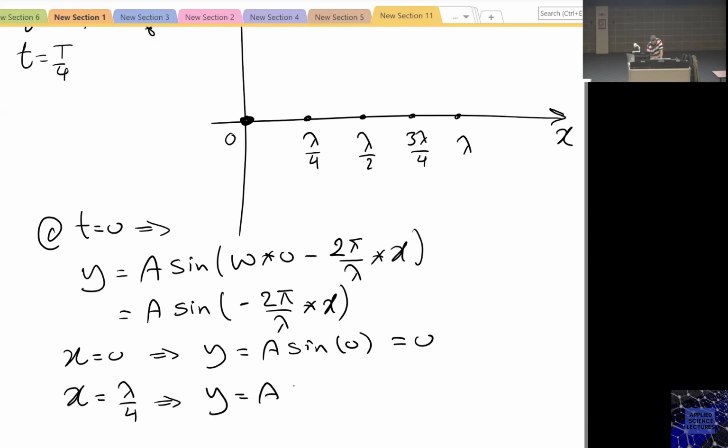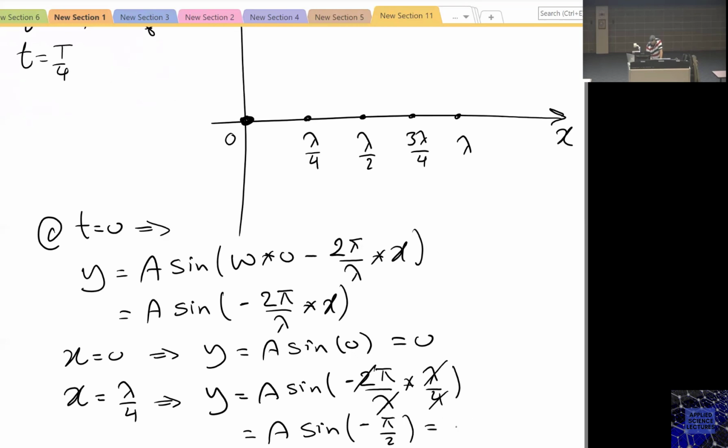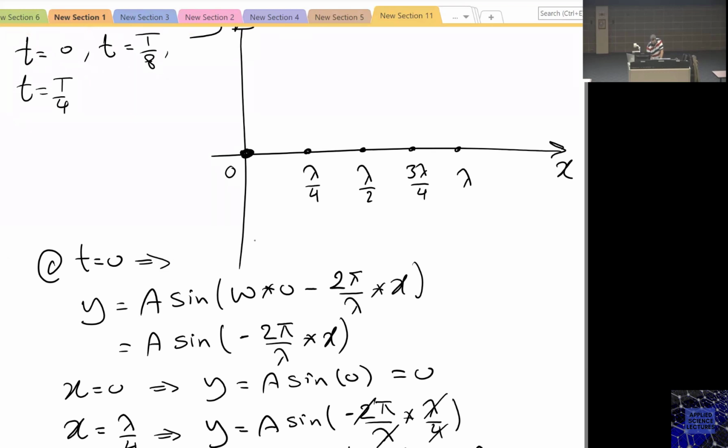Y is A sine minus 2 pi over lambda times lambda over 4. Lambda will cancel, 2 as well. So this one is A sine minus pi over 2, or minus A. Right? So the next point, when it's lambda over 4, it is minus A. I want to put those amplitudes. So this is A, this is minus A. So for lambda over 4, the point is here.